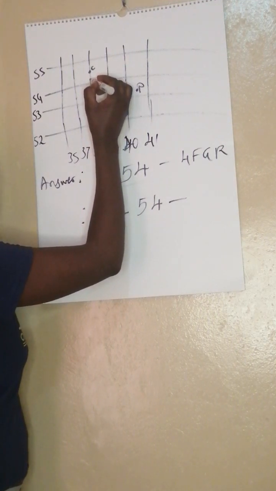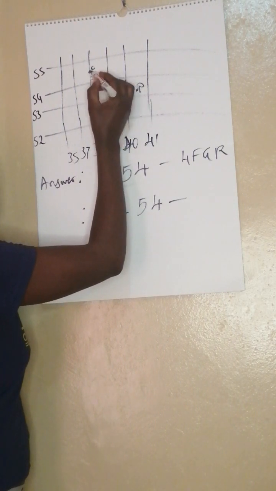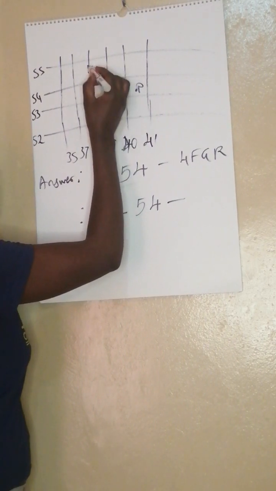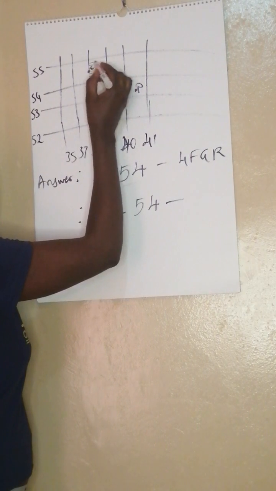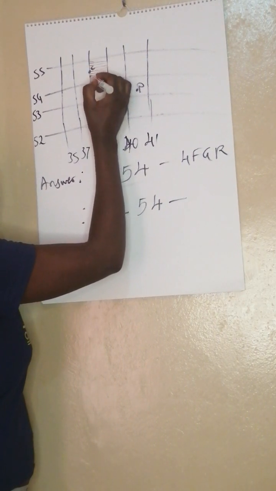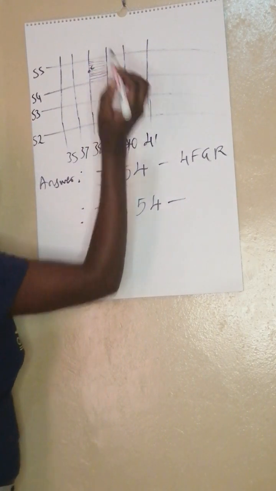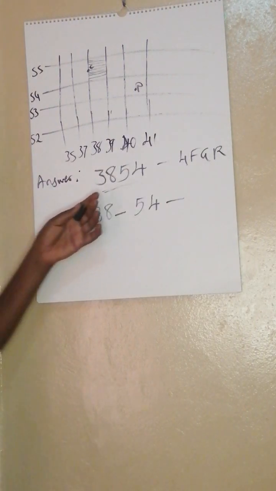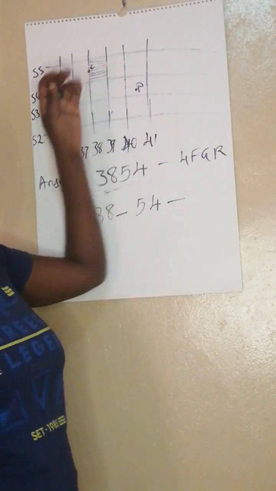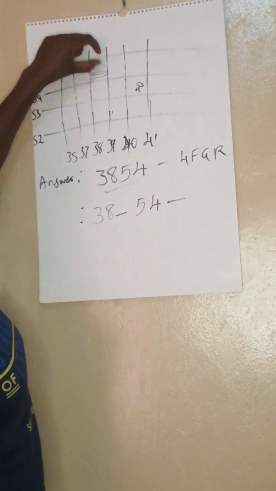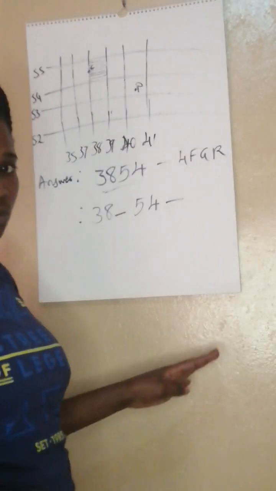I can only put the horizontal lines. 2, 3, 4, 5, 6, 7, 8, 9. When drawing the lines, please use a ruler. I'm using freehand, so the spaces are not even. The spaces are supposed to be even.